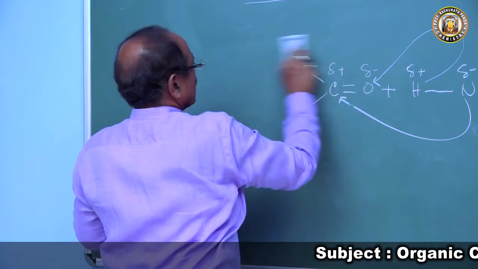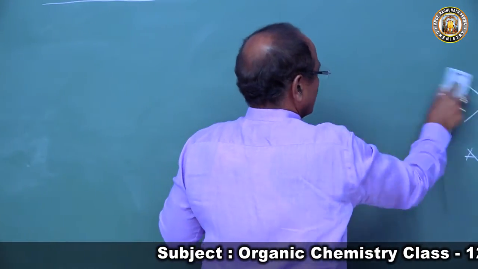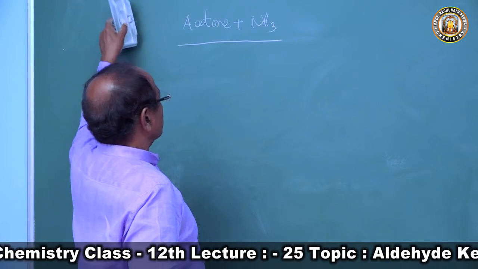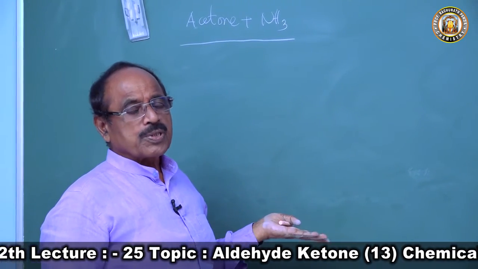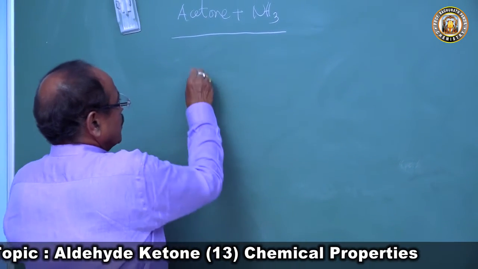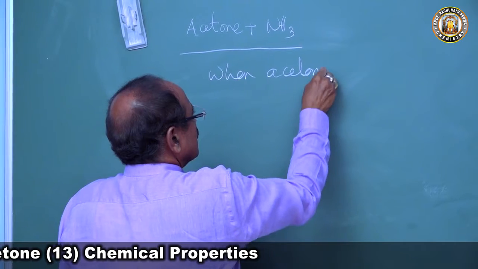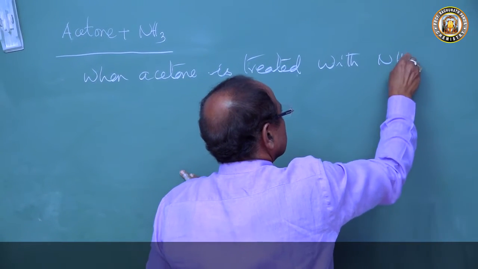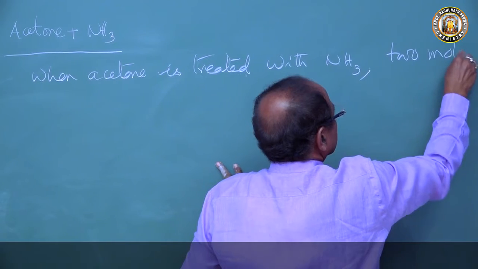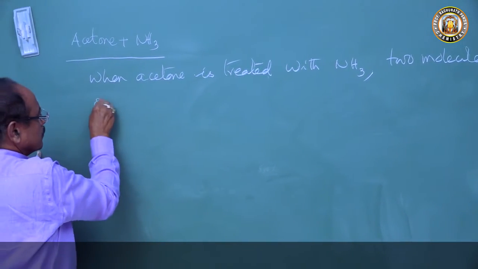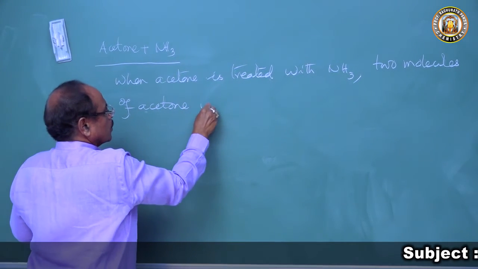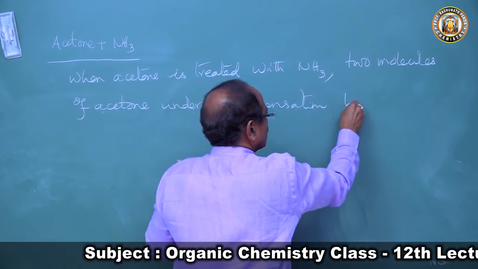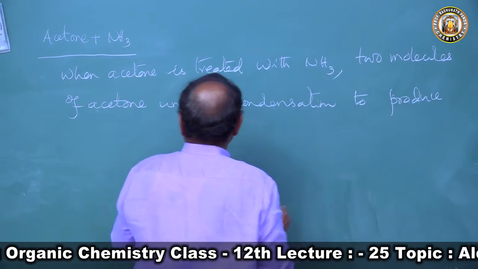Now let's see how acetone will react with ammonia. When acetone is treated with ammonia, two molecules of acetone undergo a condensation reaction to produce diacetone amine.